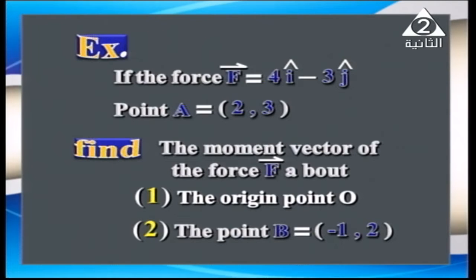My dear student, we have force F equals 4I minus 3J, point A (2, 3).